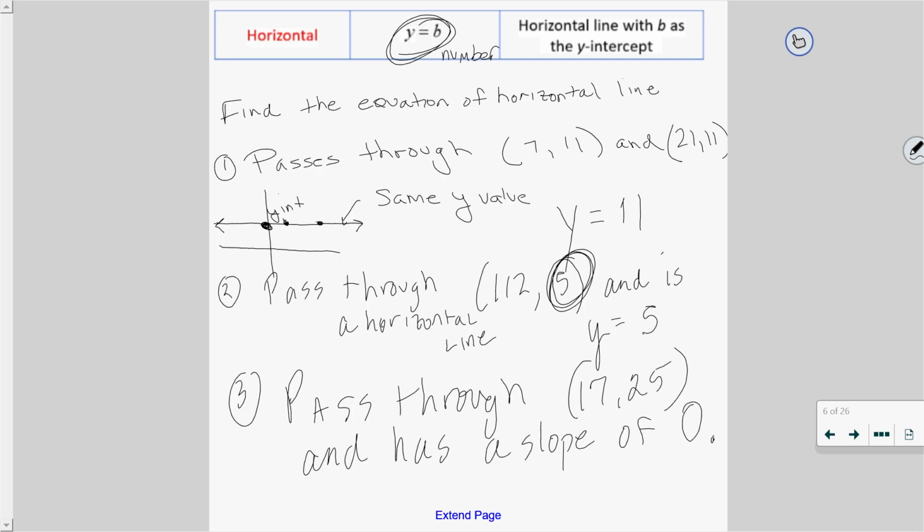What type of line has a slope of 0? Horizontal, right? And the way to remember that is a horizontal line has a 0 slope. So that one's the hardest one, but again, no work whatsoever. Y equals 25.